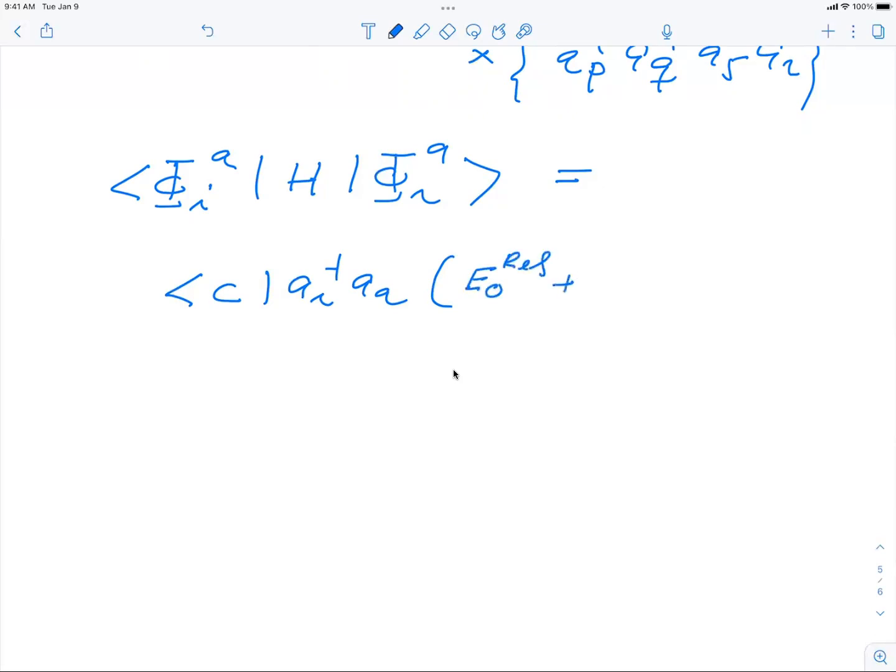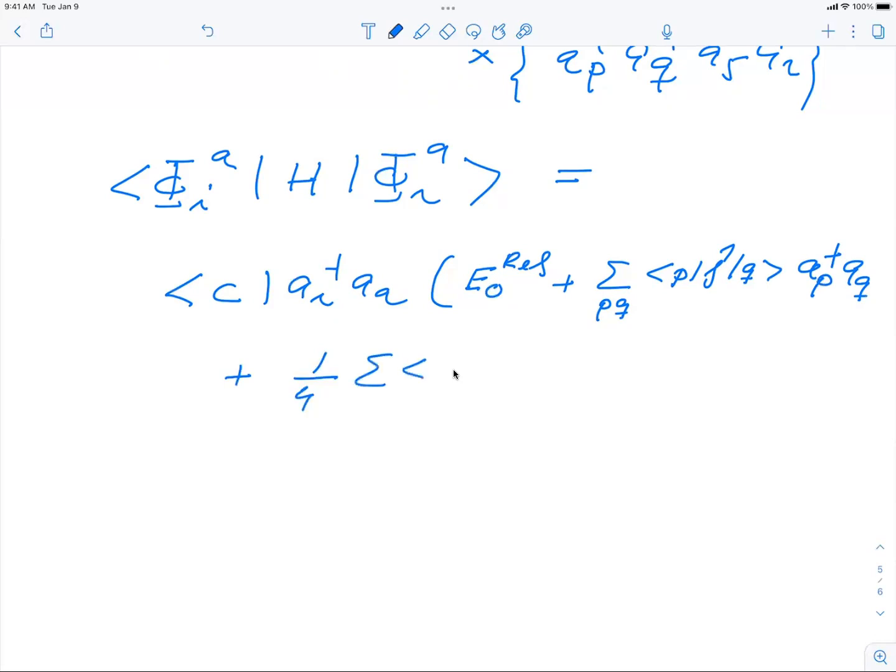We're going to have the one body operator, which is a P dagger AQ, and then we have these matrix elements of P, of F, of Q, and now I'm going to drop this special normal ordered sign, plus, and then I have 1 divided by 4.